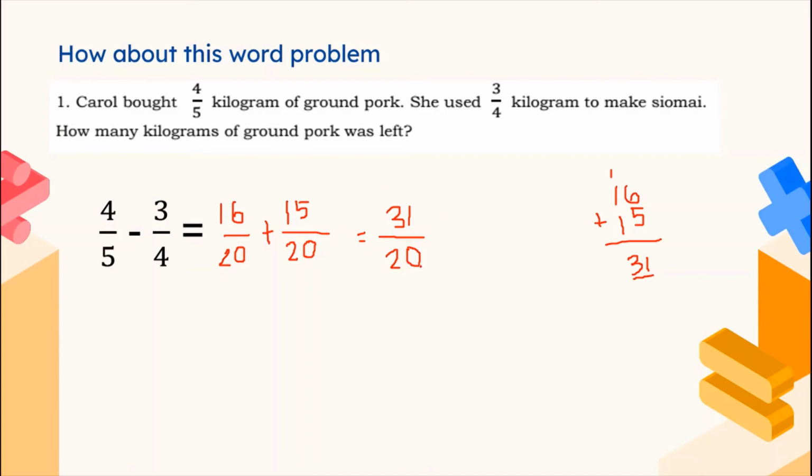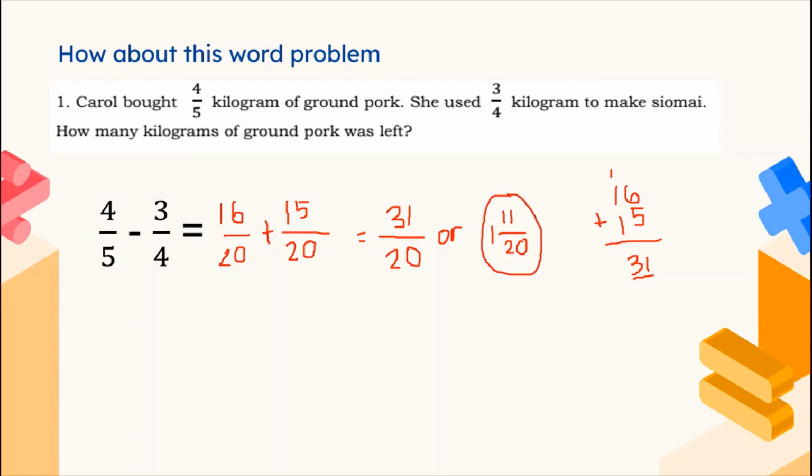You're right. This is not yet our final answer because this fraction is an improper fraction. Now we really need to change this one into a mixed number. The final answer for this one is 1 and 11 over 20.